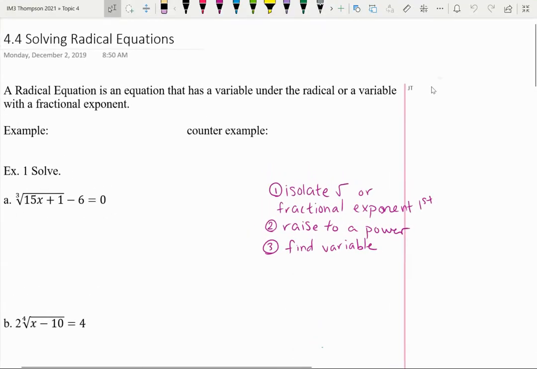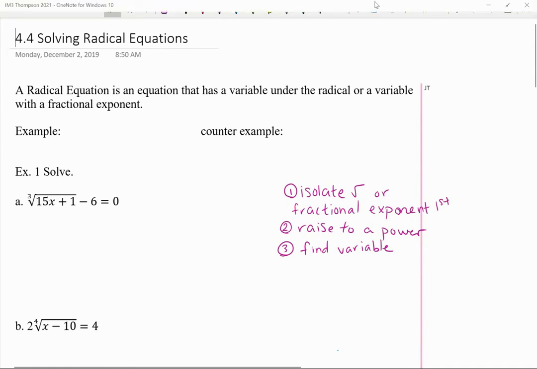Wonderful. Here we go. This is solving radical equations.